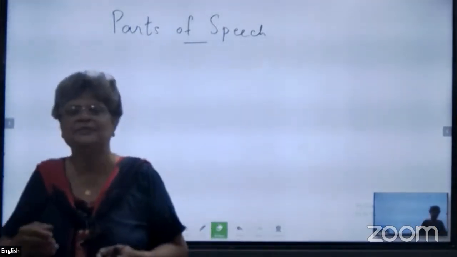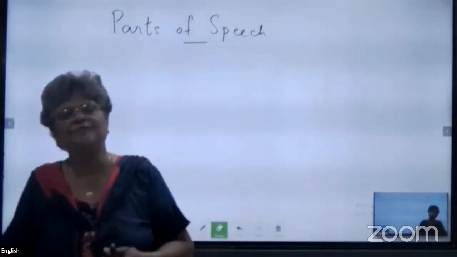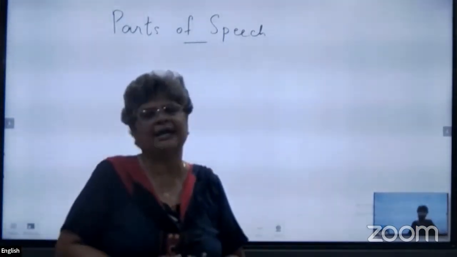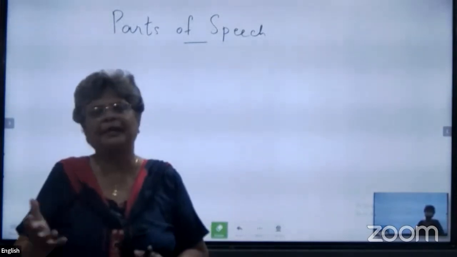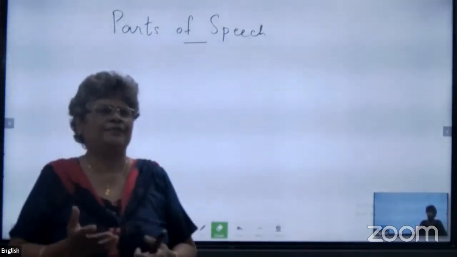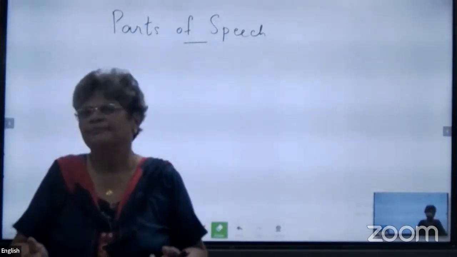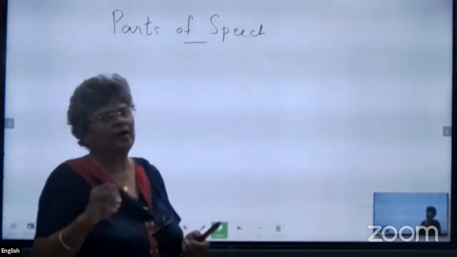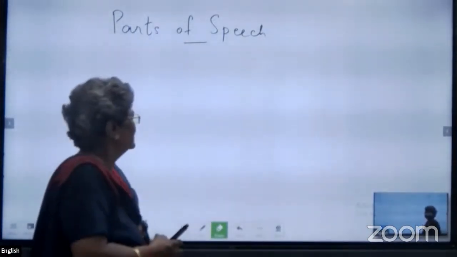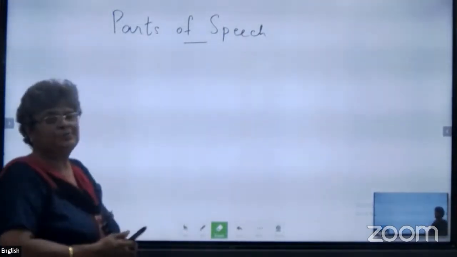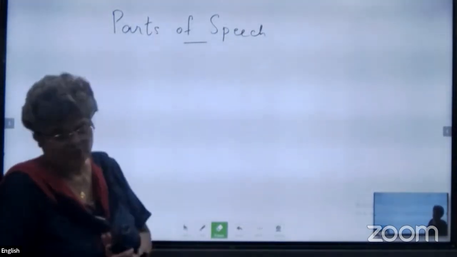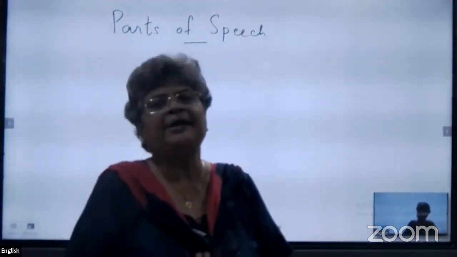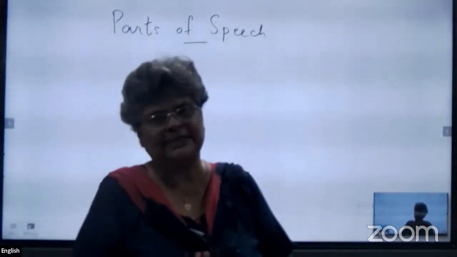Likewise, for expensive also, more expensive, most expensive. Plus, you have some irregular adjectives like good, better, best, bad, worse, worst. All these are also adjectives. Now, coming to the next, preposition, it shows the position of a noun. Take, for example, for and since.